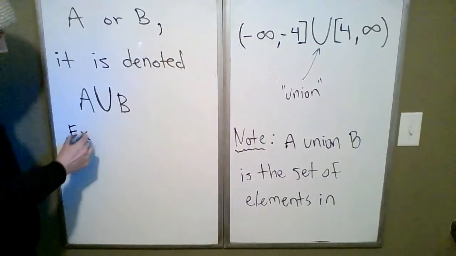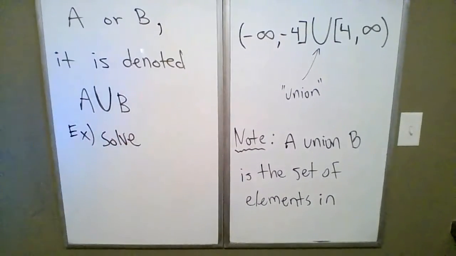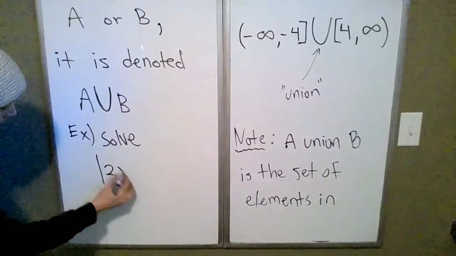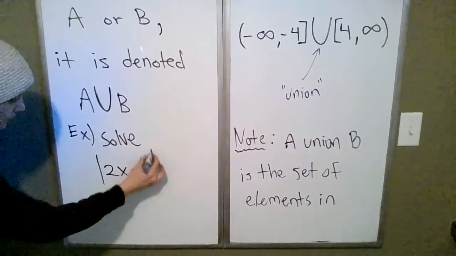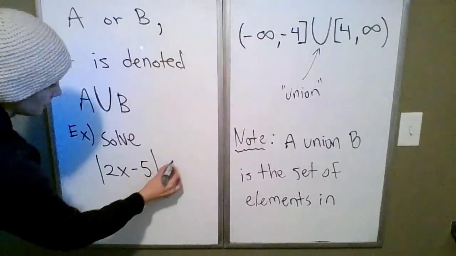Okay, let's go back to this. The absolute value of 2x minus 5 is less than or equal to 3.